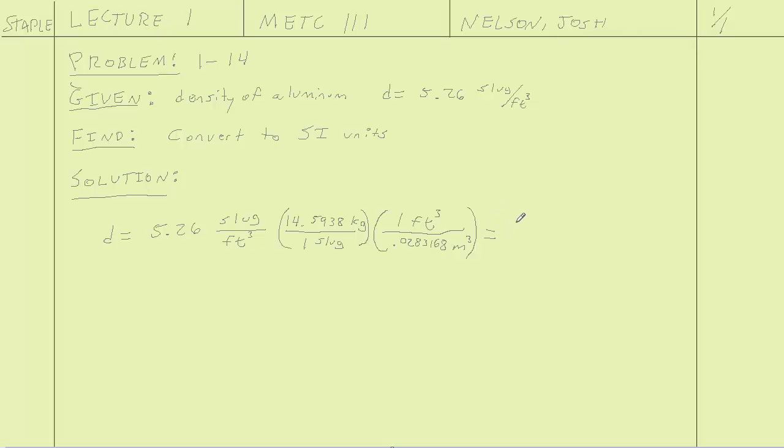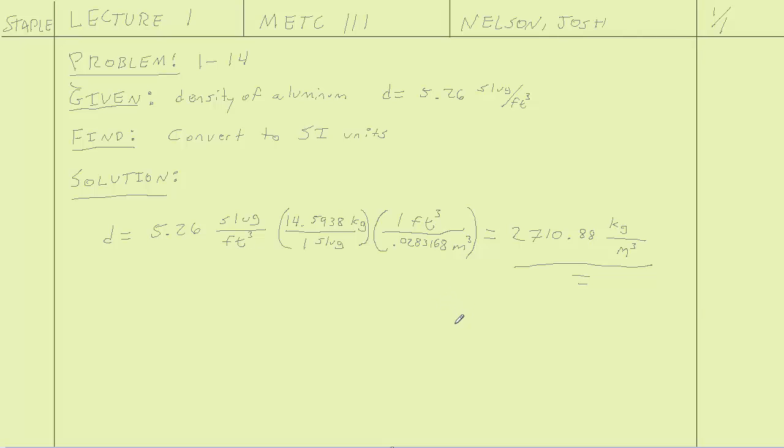And so 5.26 slugs per cubic foot is 2710.88 kilograms per cubic meter. Now that's an intermediate answer. And in the GFSA format, any intermediate answers you find need to be underlined 3 times, using a straight edge once again.